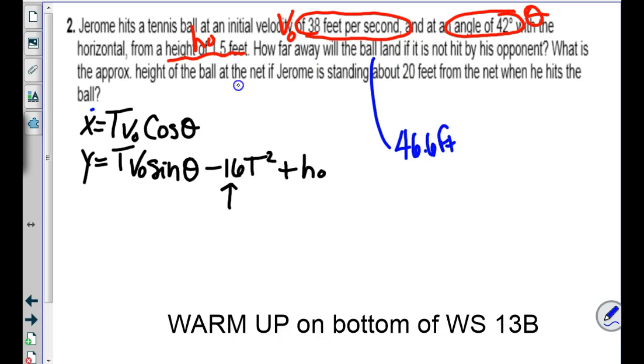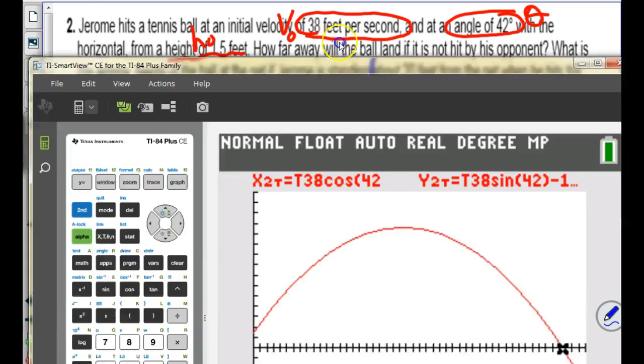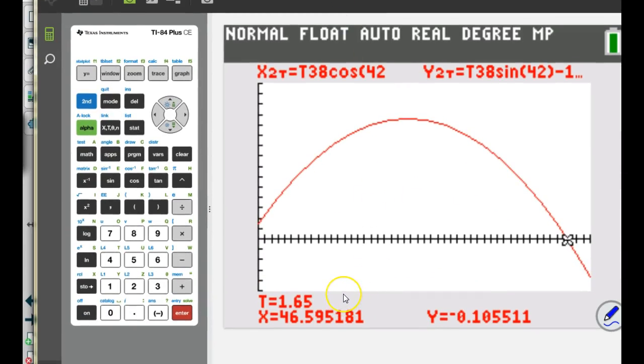Okay. What is the approximate height of the ball at the net if he's standing 20 feet from the net when he hits the ball? So here's the path of the ball. How do we figure out 20 feet away? Which one do we want to be 20 feet away? The X. So we want to go until X is as close to 20 as we can get.